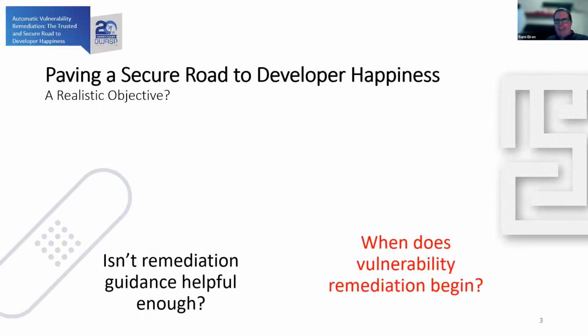But seriously, I think that when anyone wishes to discuss the idea underlying remediation and auto remediation in particular, one needs to fathom, when does vulnerability remediation begin? Many would intuitively and spontaneously say that, well, we have some fix already in hand, and then let's apply it.